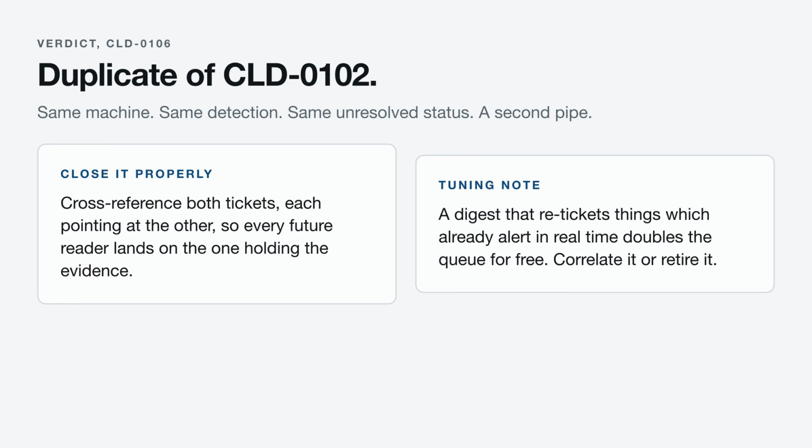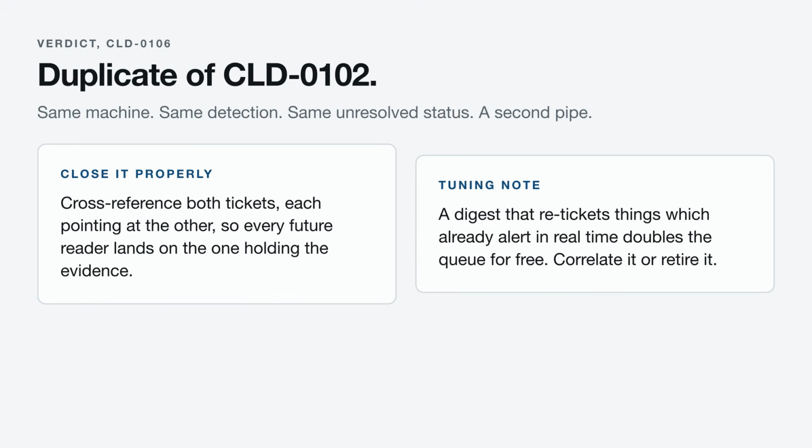Same machine, same detection, same unresolved status as CLD0102. This is not a new event. It's the same event arriving through a second pipe. Verdict: duplicate. Close it and do the one thing that makes a duplicate close professional instead of lazy. Cross-reference both tickets, each pointing at the other.